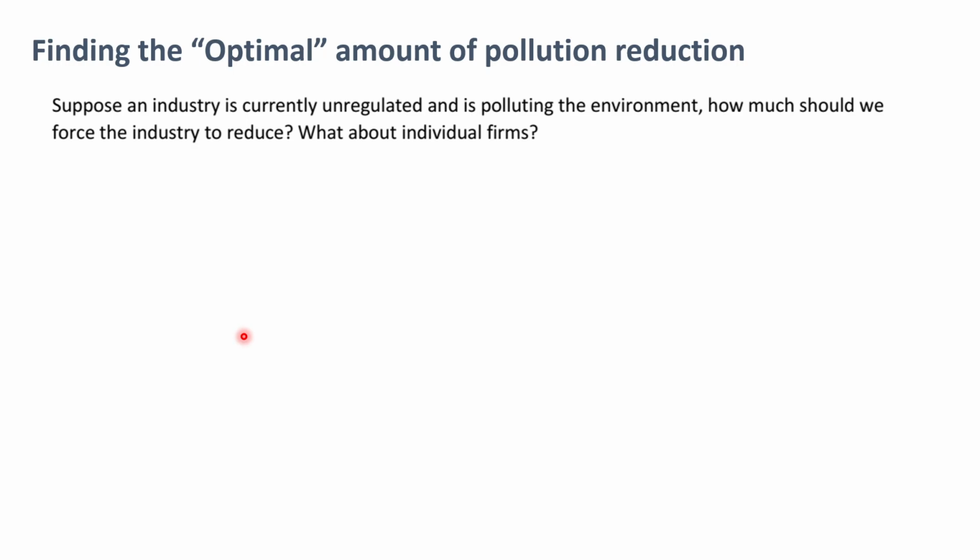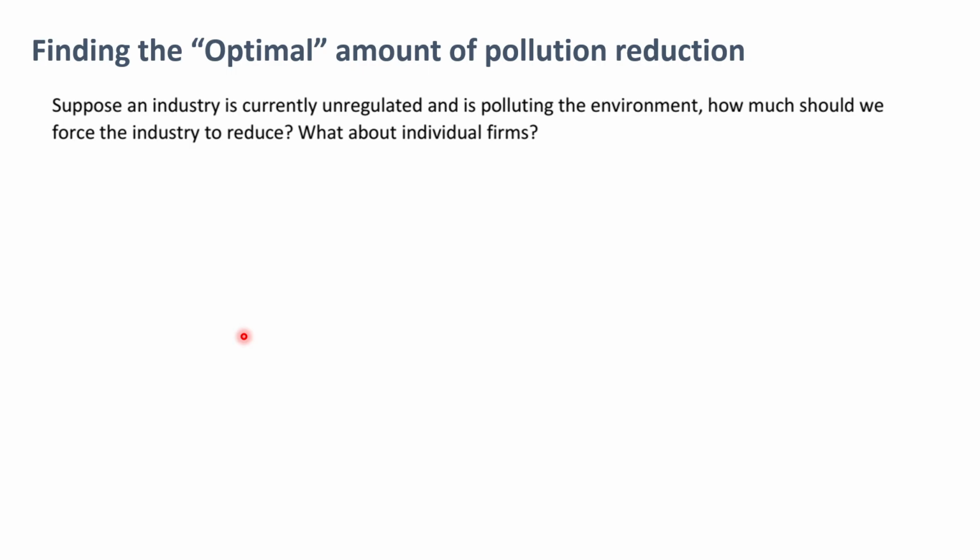We don't care about how many iPhones is optimal, or how many automobiles is optimal. What we care about is the amount of pollution that should be allowed. Now, of course, ideally, the optimal or at least the ideal level of pollution is zero, but we still need economic activity.